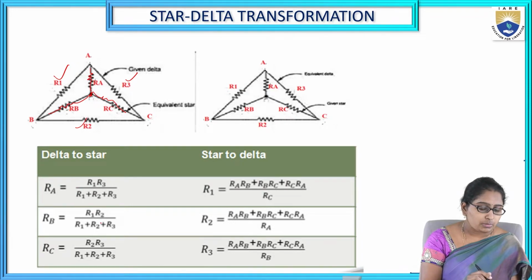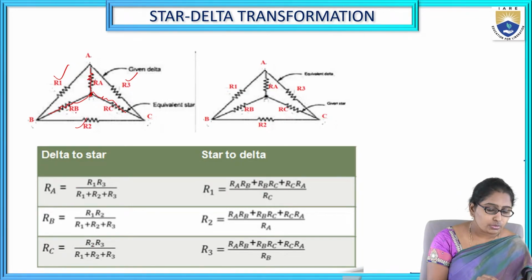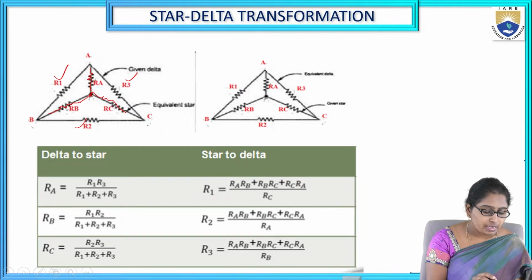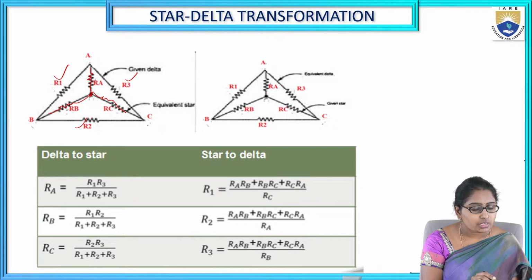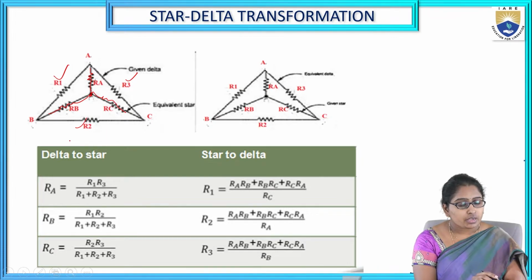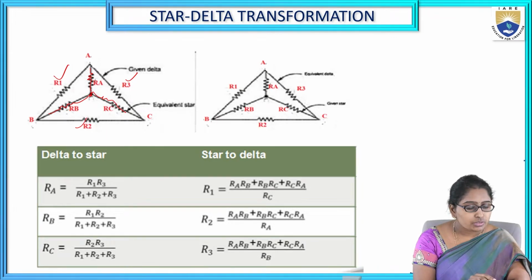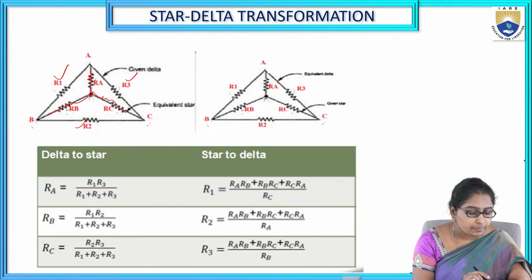Similarly, the other two elements also. The star element RB is given by the product of its adjacent delta elements R1, R2, over the sum of the delta elements, R1 plus R2 plus R3.